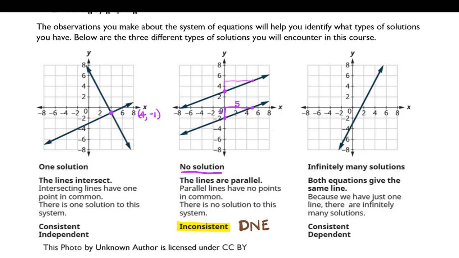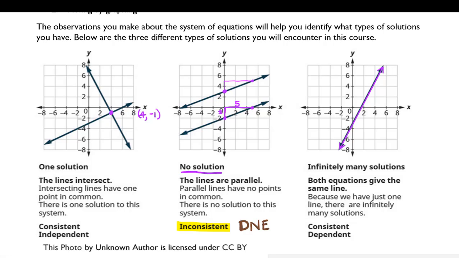This last example is infinitely many solutions, and even though you can't see it because it looks like there's only one line there, there are actually two lines that are perfectly overlapping each other. They are existing in the exact same space.